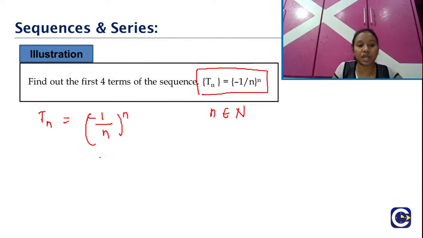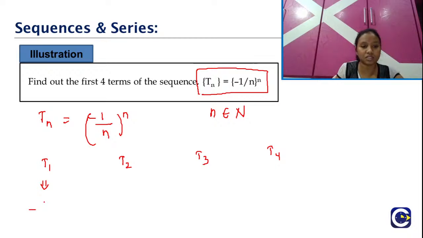So here we have to find out the four terms, that is T1, T2, T3 as well as T4. Here we have to substitute the n value in the given general term, that means (minus 1 by 1) whole power 1, which means T1 here will be equal to minus 1.